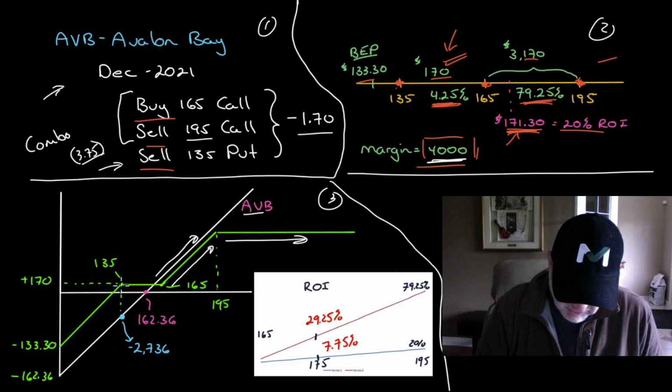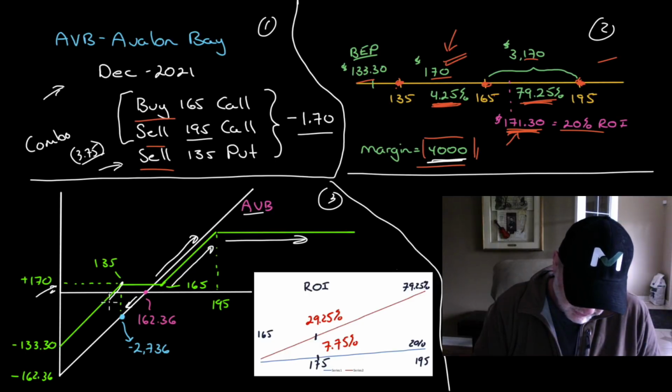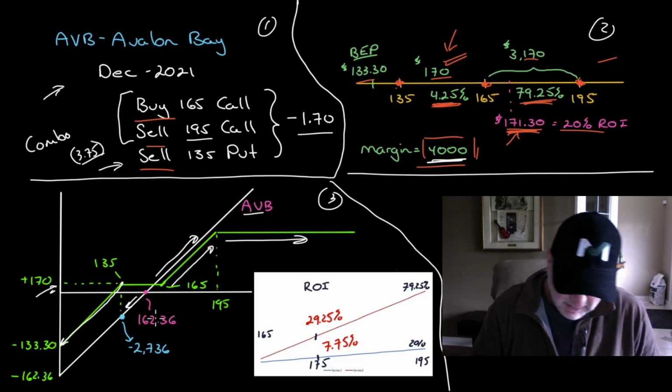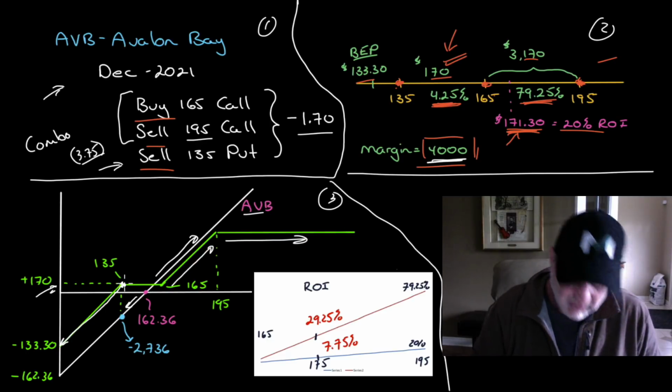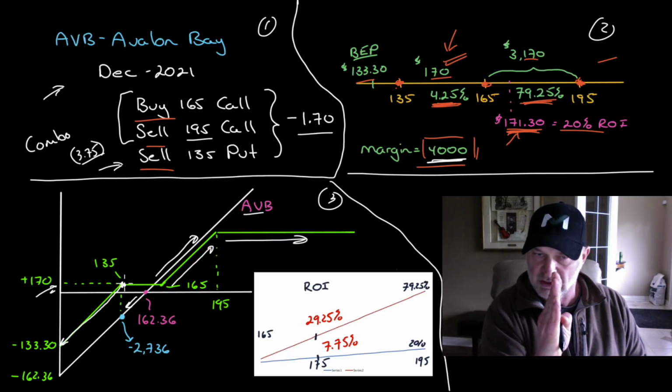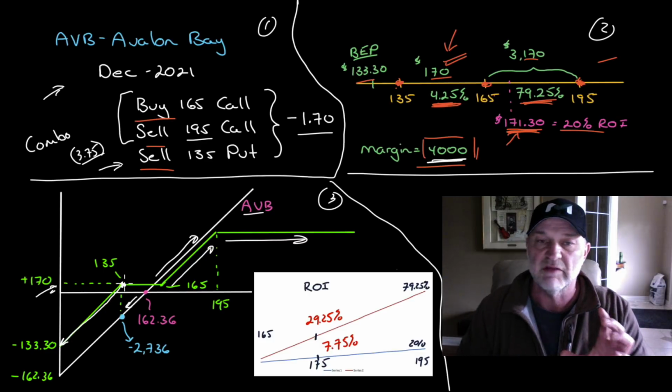But this line over here, that represents a positive 170. Below 165, you're going to make 170. Meanwhile, the AVB shareholder would lose. There's 135. At 135, you start giving money back. This number right here, by the way, at $135. If AVB finishes right at $135 by using the combo, you still made $170.